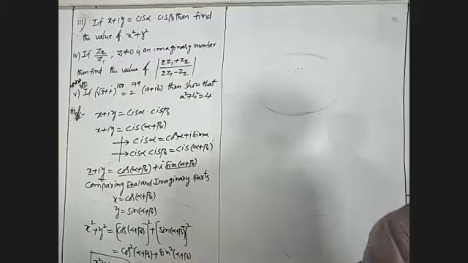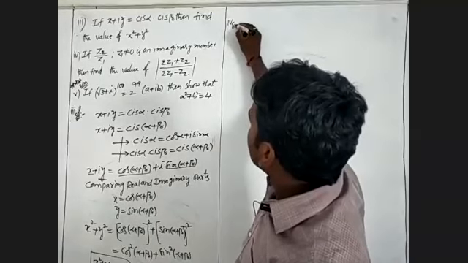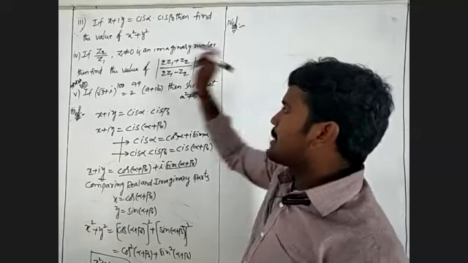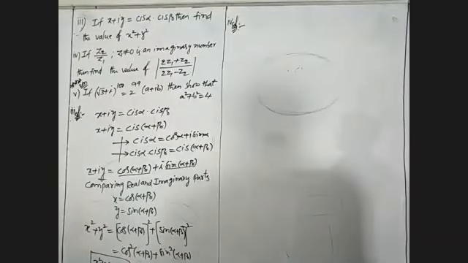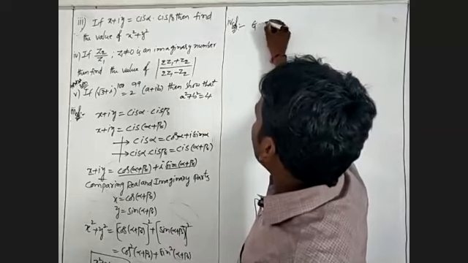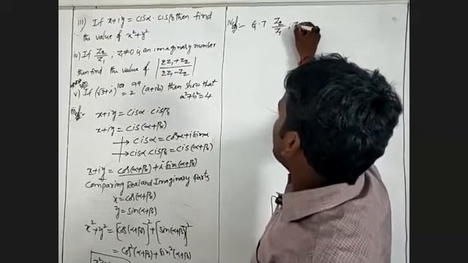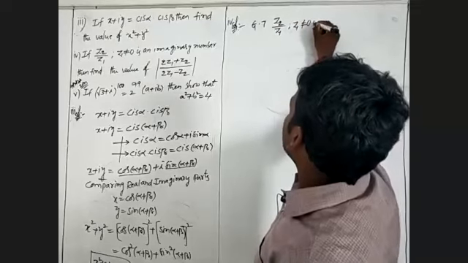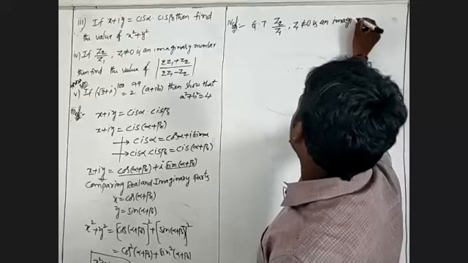Now I am going to the next one. By the problem, z2 by z1, z1 not equal to 0, is an imaginary number. I will write that. Given that z2 by z1, z1 not equal to 0, is an imaginary number.